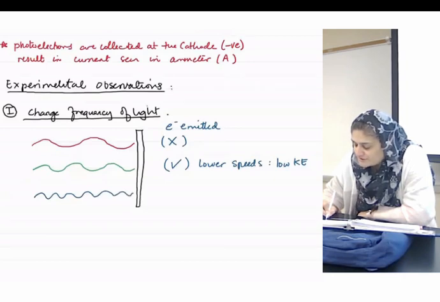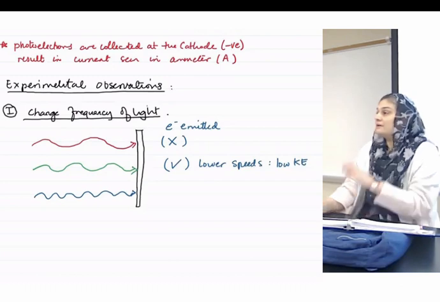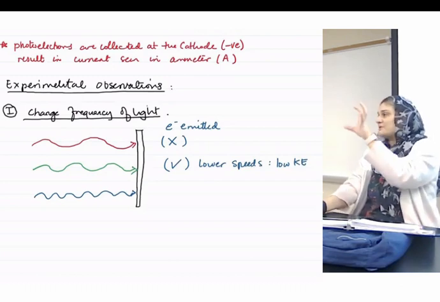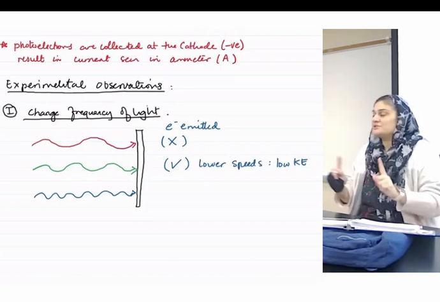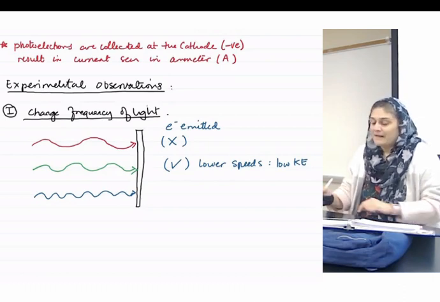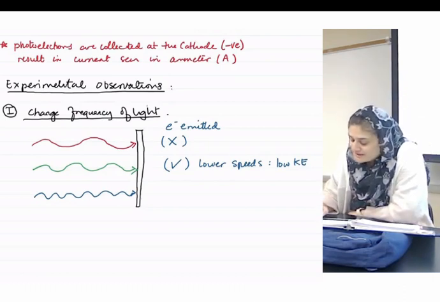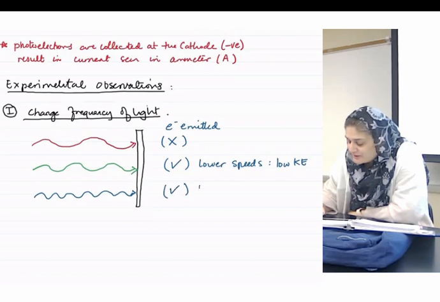Keep the amplitude the same as much as you guys can. The height, keep the height of the light as much as you can the same. So we're not changing amplitudes yet. And they saw, so this is experimentally, they saw yes, with higher speed, which means higher kinetic energy.